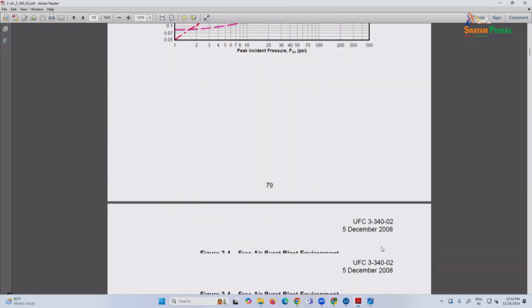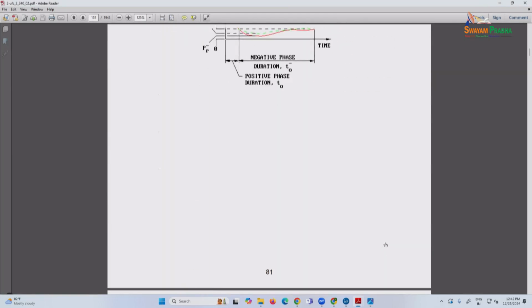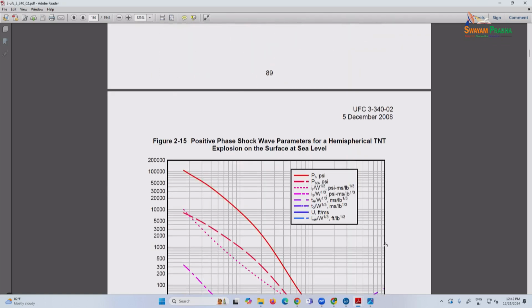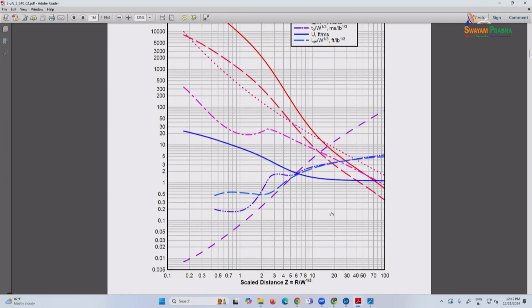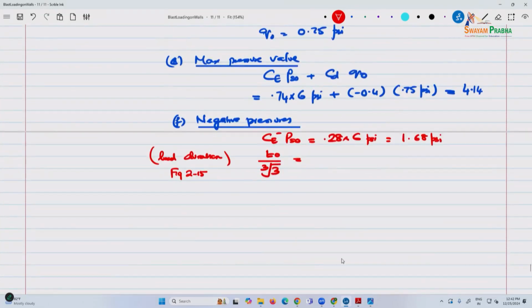Coming back here, figure 2-15. So for Z equal to 11.35 and T, what would you say it is? This one is roughly 3, right? So let's go with 3. So this is 3. So T naught is equal to 3 times cube root of 960.